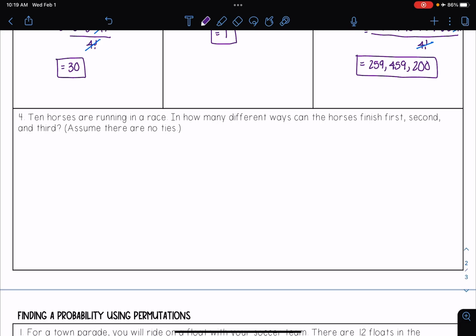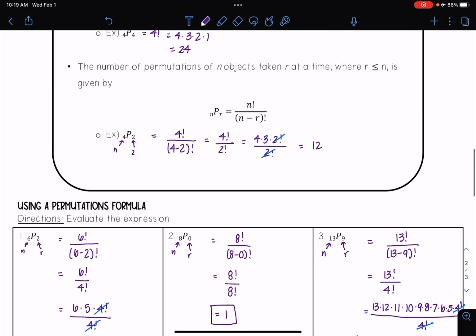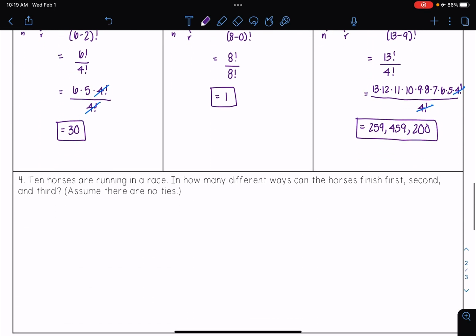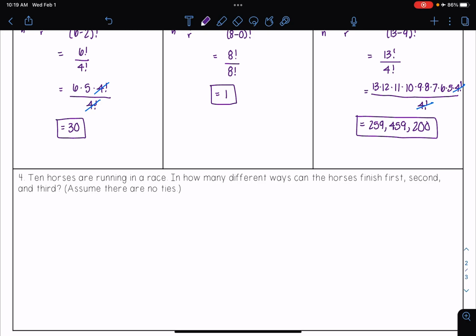So I need to see which formula I am using and how many I am choosing. There are 10 horses in total, so I know 10 is going to be my n. And we're looking to see how many different ways they can finish first, second, and third, so I'm choosing 3. That means my n is equal to 10 and r is equal to 3. So I want to find 10P3.